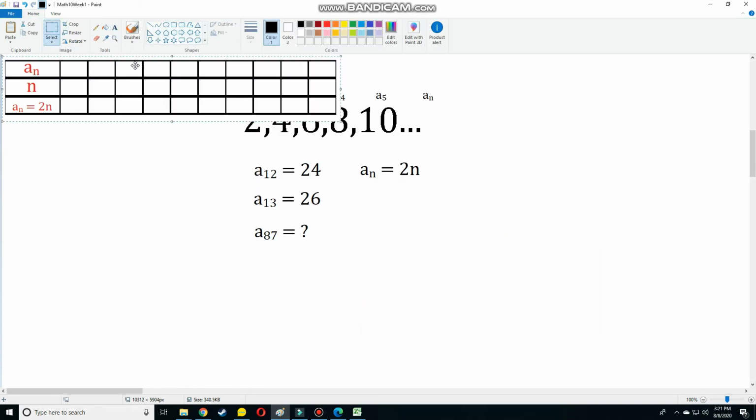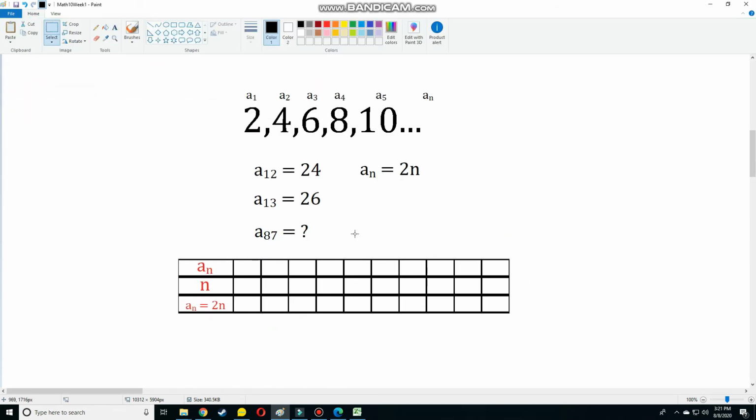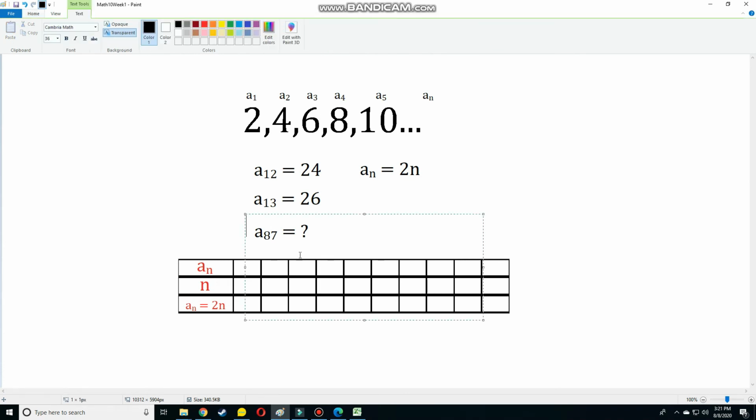Now, let us check 2n. Let's fill in this corner. A sub n, if you could see here, refers to the specific term that we are finding.